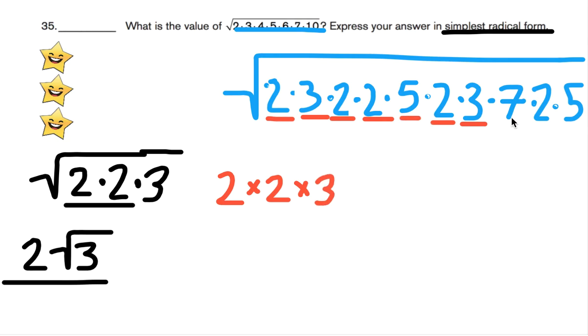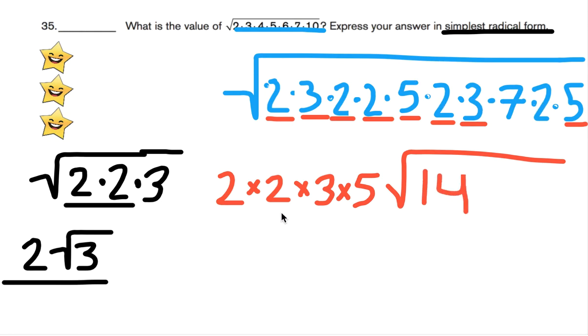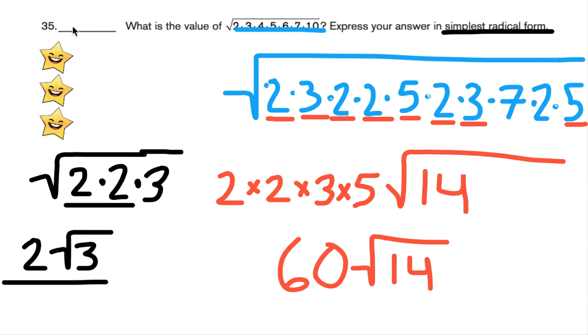And we have a 5 times 5, which is 25. Square root of 25 is 5. So that goes outside. And what do we have left inside? Just 7 times 2, which is 14. And then outside, we would do 4 times 15, which is 60. So our final answer is 60 root 14.